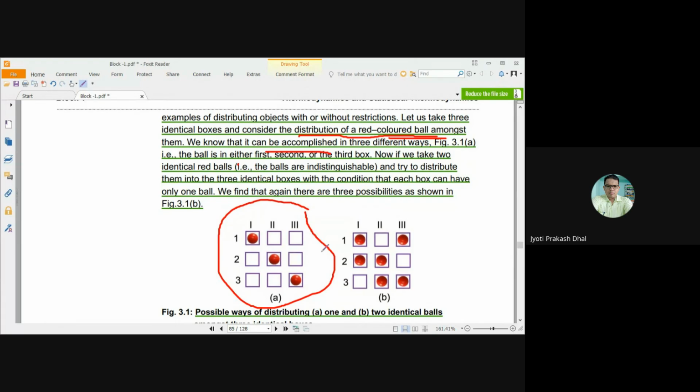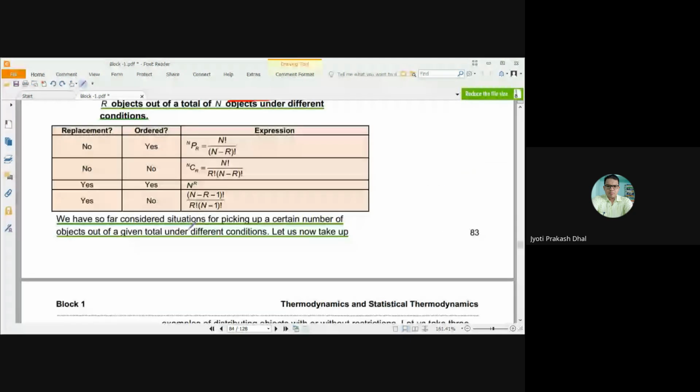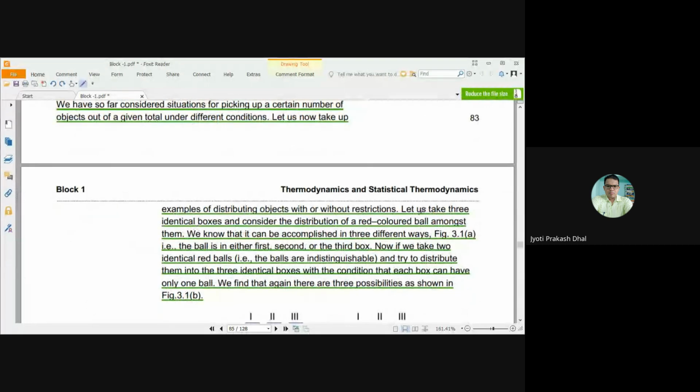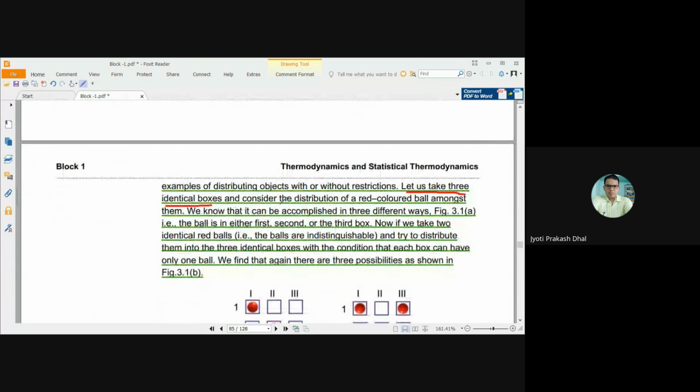Okay, so now we will continue the section. So here you can see. Let us take three identical boxes. All the three boxes will be identical, that means the same. And consider the distribution of a red color ball among them.